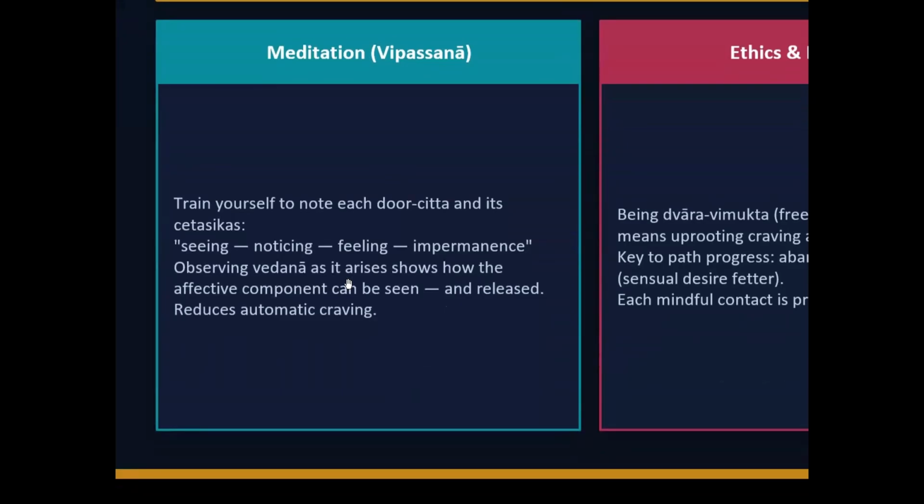Right? Sometimes it disappears immediately. Sometimes it takes a couple of minutes to pass through before it disappears. So observing Vijnana as it arises shows how the affective component can be seen and released. So it reduces automatic craving. Okay? So this is when you're doing vipassana meditation.